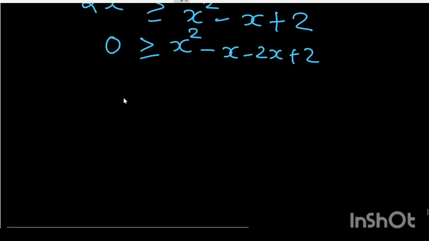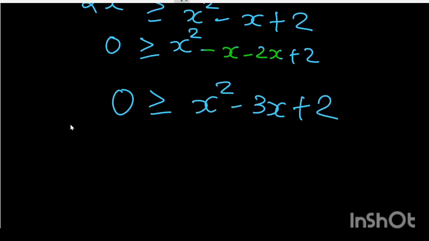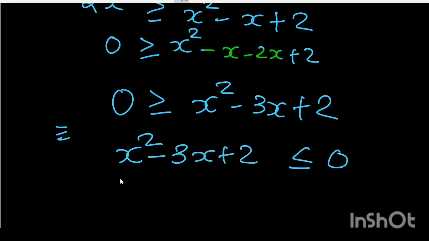Minus x minus 2x becomes minus 3x plus 2. Equivalently, this is x square minus 3x plus 2 less than or equal to 0. You could have directly factorized it here itself, instead of adding minus x and minus 2x.